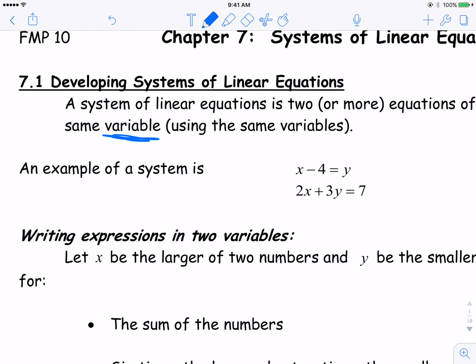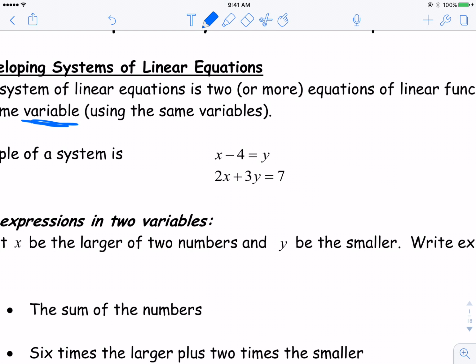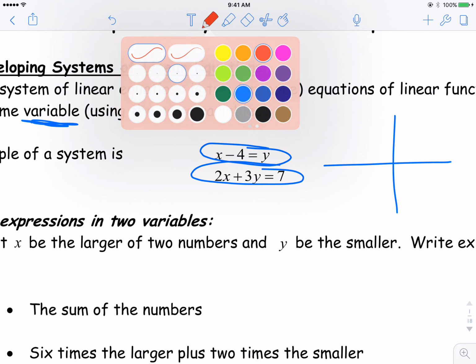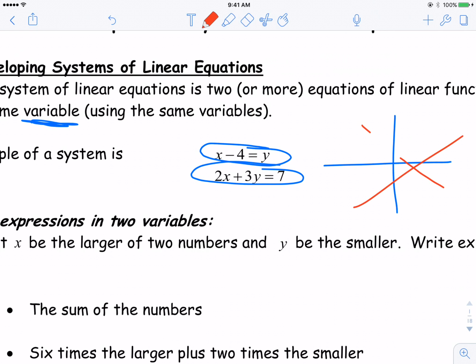So here's an example of a system of equations. x minus 4 is equal to y, and 2x plus 3y is equal to 7. So these are two equations that we could very quickly graph on a grid. Boom, there's one, there's the other one. Let's say, just for argument's sake, this is this graph and this is this graph, and it's not drawn to scale at all.